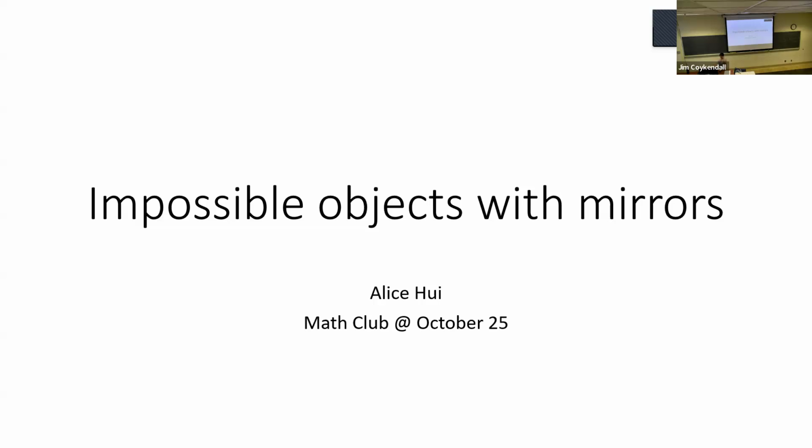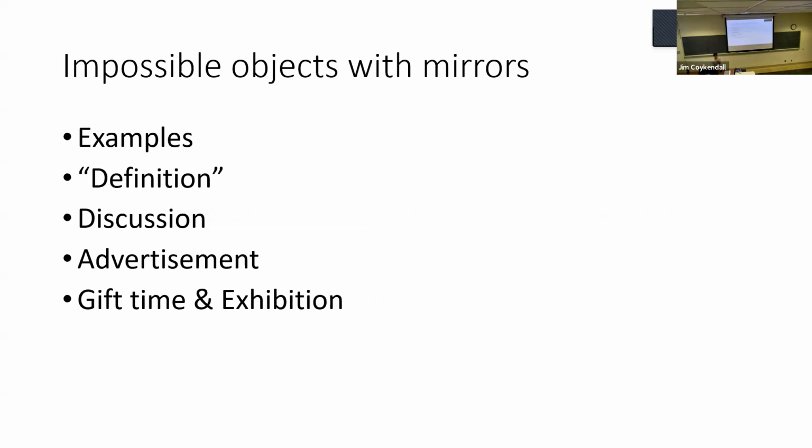My topic is impossible objects with mirrors. Here is the outline of my talk. I will first give some examples, and I will talk about definition because you may be curious whether impossible objects exist.